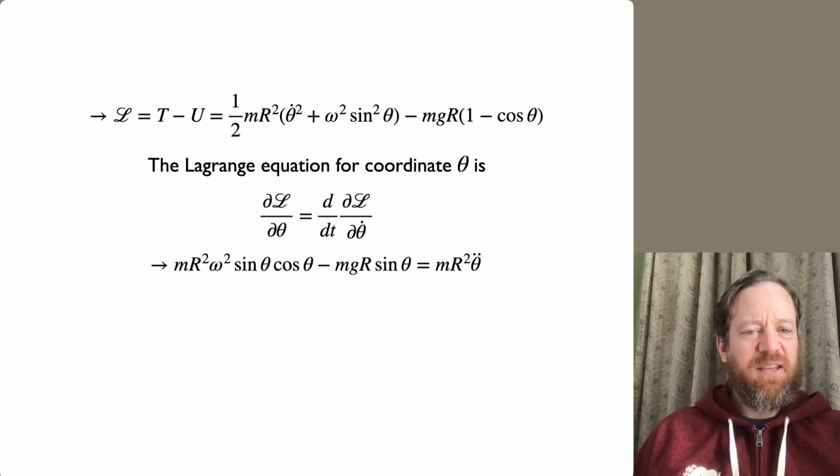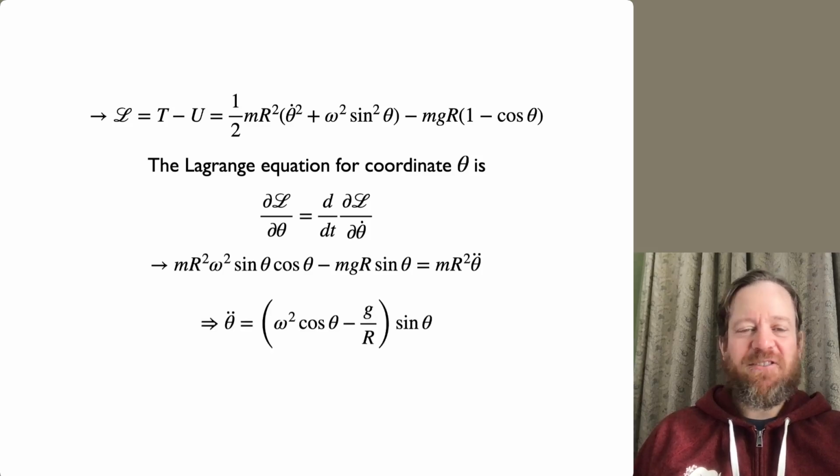Again, you should get in the practice of substituting in the Lagrangian and taking these derivatives to verify my work, but also so that you are just used to the whole process of taking these derivatives. We can now take this equation and factor some things out and rearrange it. When I do that, I finally get the equation of motion, theta double dot being equal to omega squared cosine of theta minus g over r times the sine of theta.